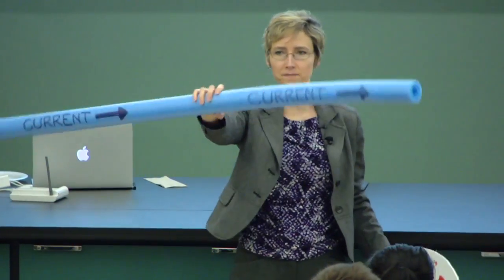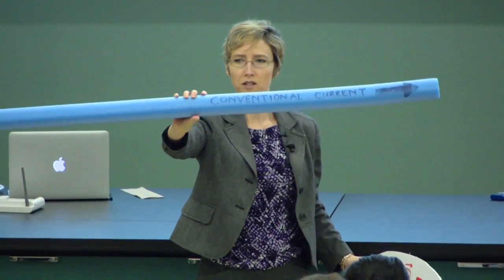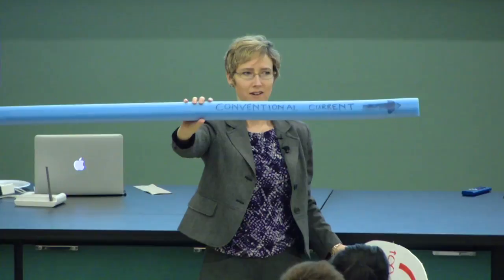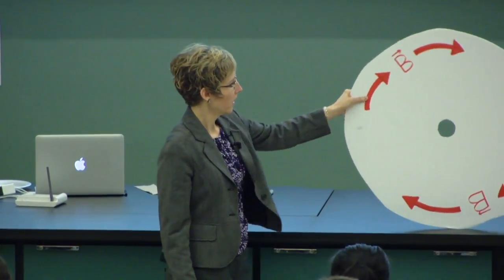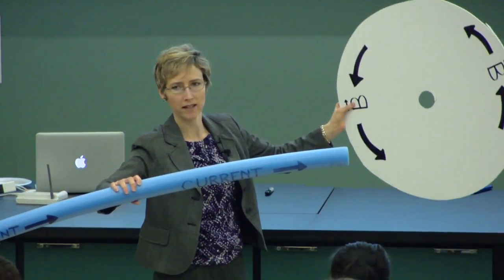So I have your current, OK? Remember, current means conventional current. So I wrote that too, just in case I get confused. All right? So this is current. And here I have a shape of a magnetic field. It could either be going clockwise or counterclockwise. So according to that diagram there, how should I poke this current into the magnetic field?